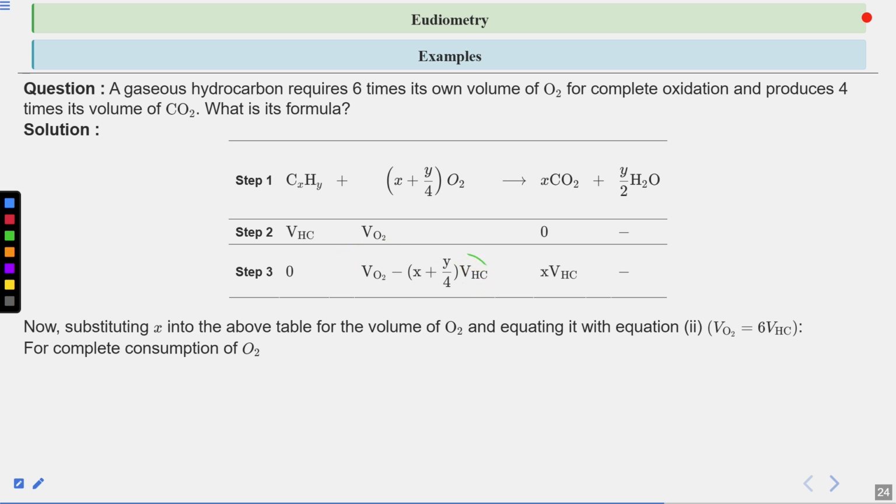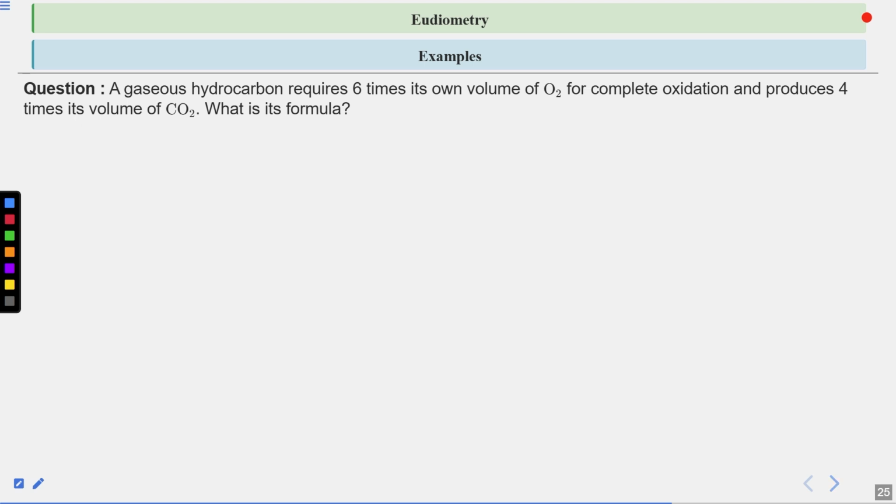Can't we say that? Now, if we equate it with 0, we can say that the volume of oxygen, 6 times the volume of hydrocarbon, is equal to X plus Y by 4 of hydrocarbon. I am writing from the previous equation, where we have seen that the volume of oxygen minus X plus Y by 4 of the volume of hydrocarbon is equal to 0. Therefore, the volume of oxygen is equal to this much.